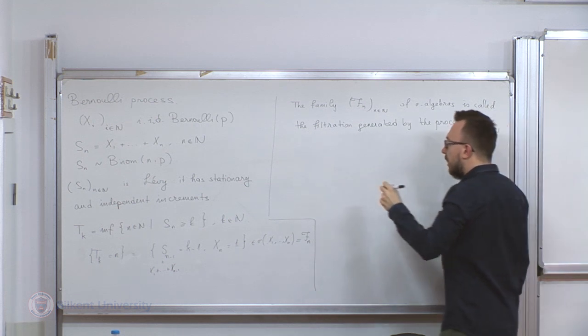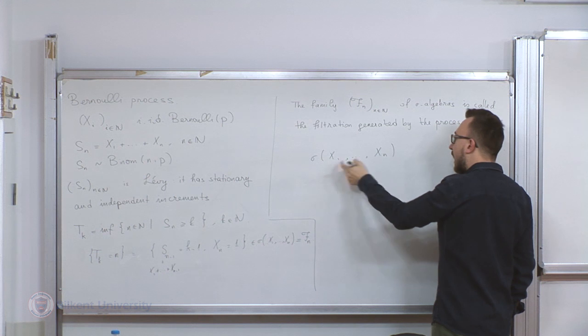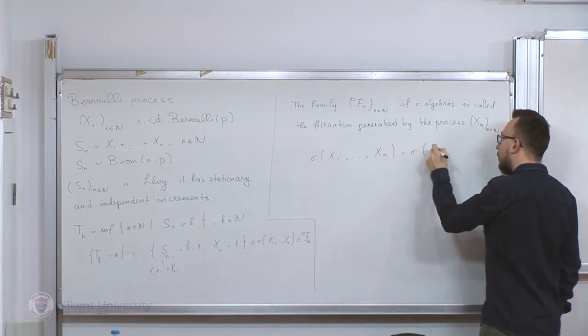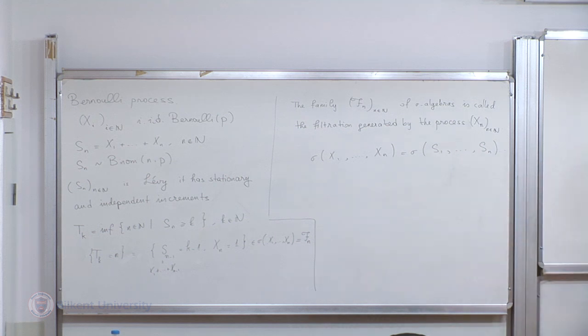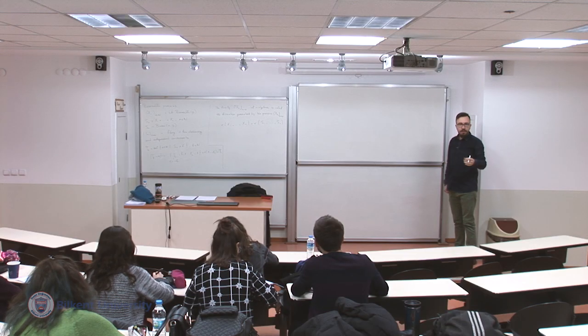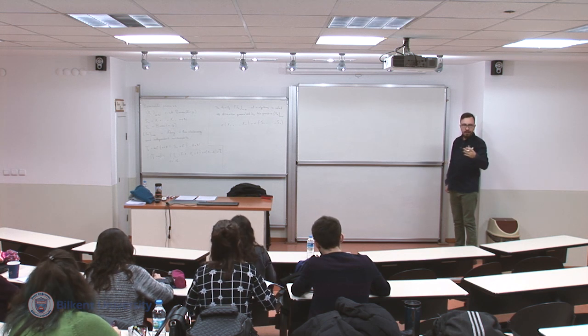You can also check that the sigma algebra generated by X1 to Xn is the same as the sigma algebra generated by S1 to Sn, simply because X1 to Xn and S1 to Sn determine each other. If I tell you the values of X1 to Xn, you can calculate S1 to Sn, right? Just sums of Xi's.